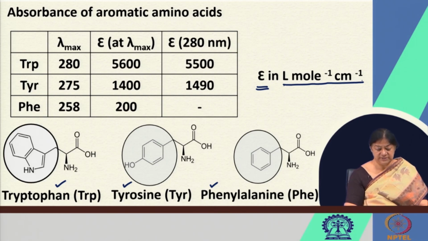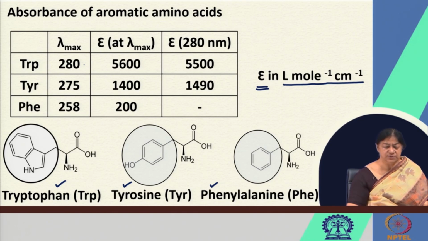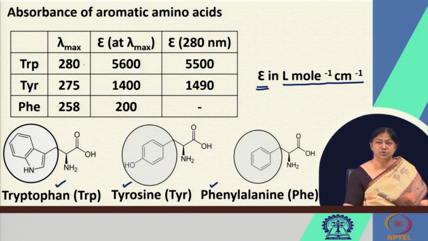Now, what are the lambda max values? The lambda max values correspond to the spectrum of the amino acid listed here, and we look at the lambda max value corresponding to where the peak is observed in the spectra taken for the amino acids.